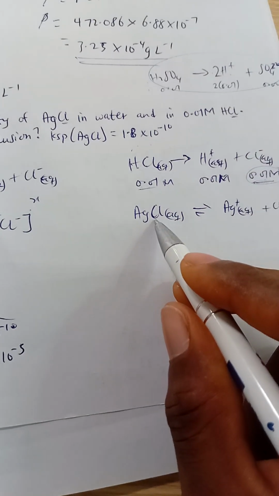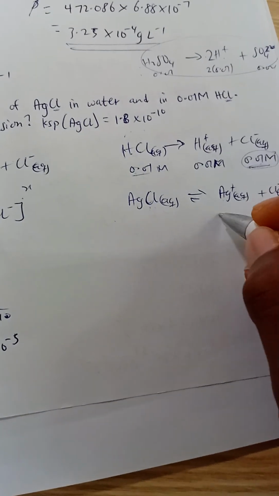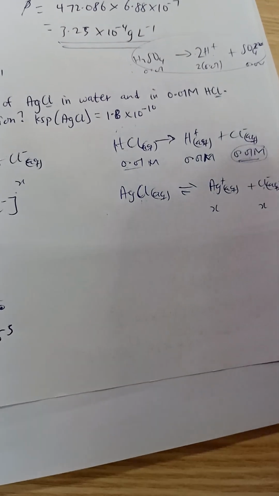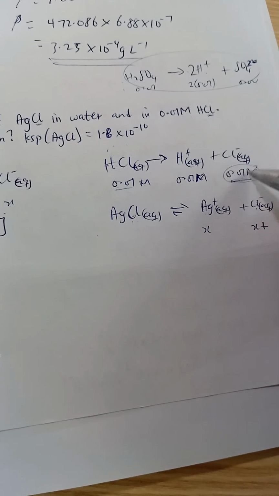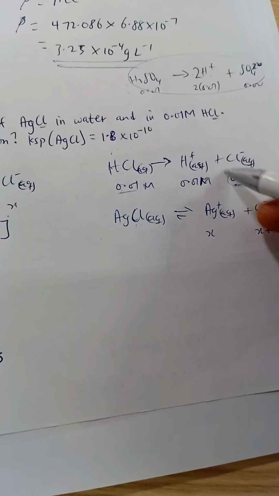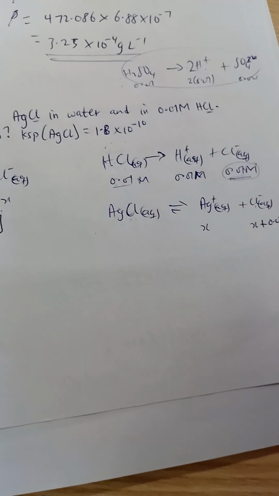Let's take the solubility to be x. All right, 1 is to 1 is to 1. So here will become x. Here will become x, plus the concentration of Cl minus ions that will come from HCl, so 0.01.